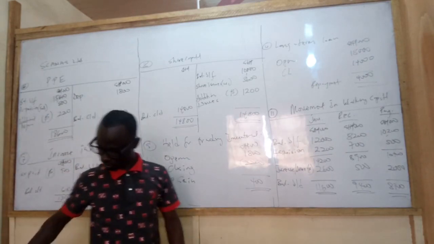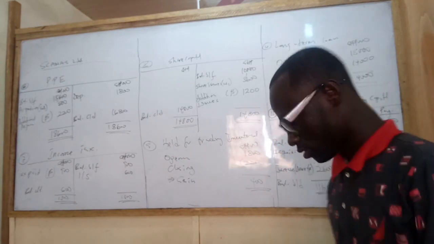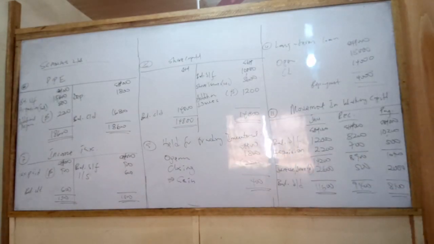Finally, finance cost. The additional information: finance cost is interest on loan and any gain on the held trading investment. All interest due was paid in the year. Have we done any workings for that? No. So where's the finance cost?